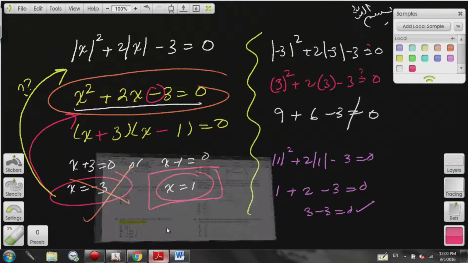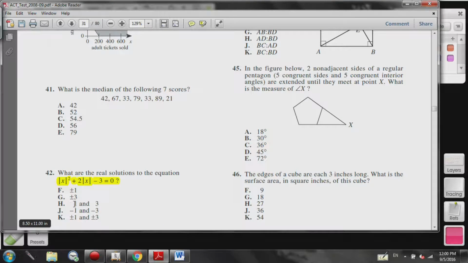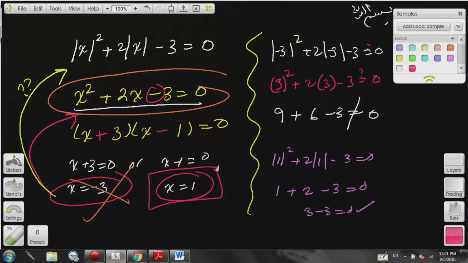But if you go back to the question, it gives you 1. So you can basically exclude all of these answers because they all have some 3 over there. And then this one is out. So F is an answer by default. But you notice that it's plus or minus 1. Okay, but we only got 1.